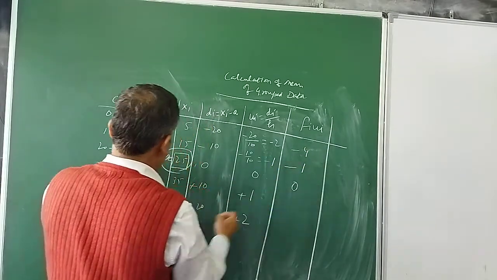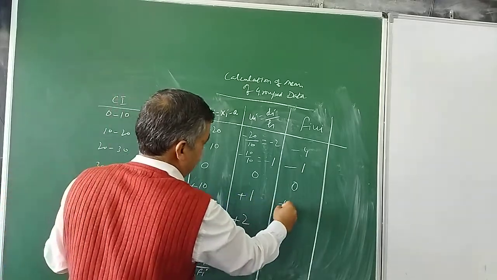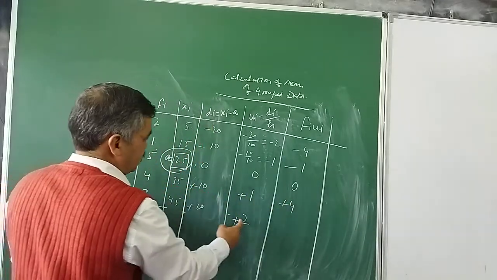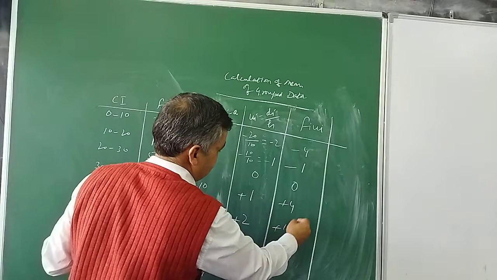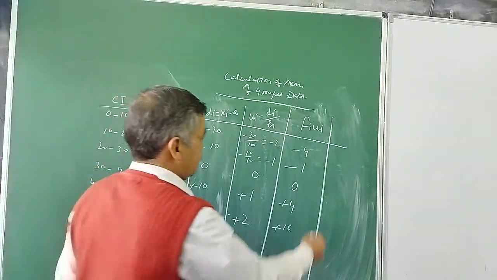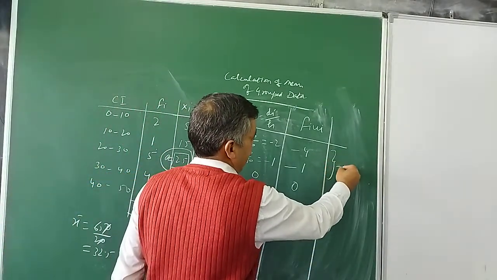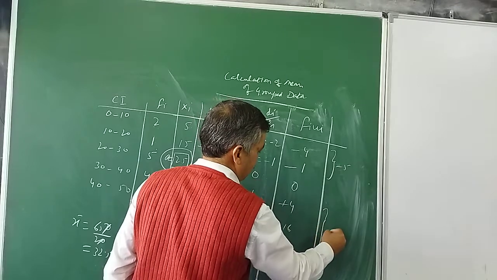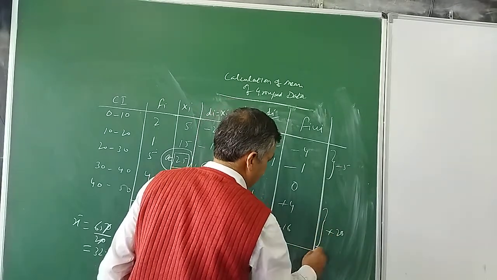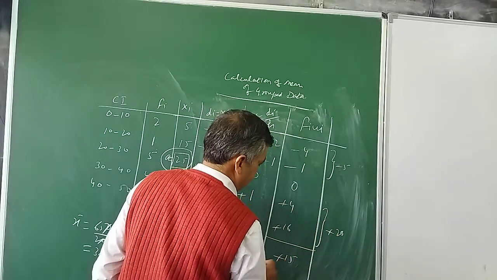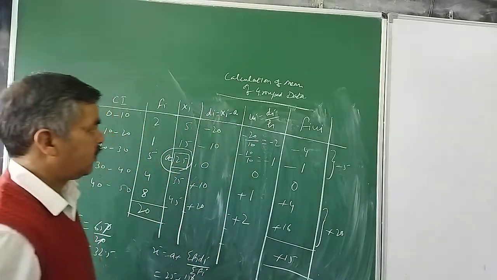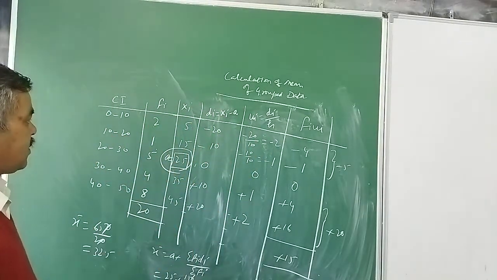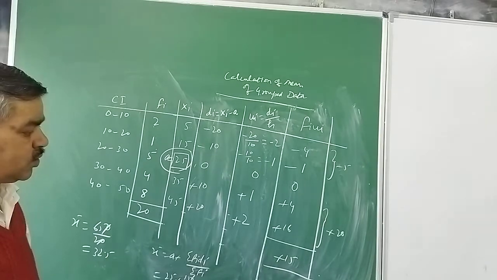Then 0 will be there. 4 ones are 4 of plus. And 8 2s are 16 of plus. Now you see, this is minus 5 and this is plus 20. And 20 minus 5 will make it plus 15.